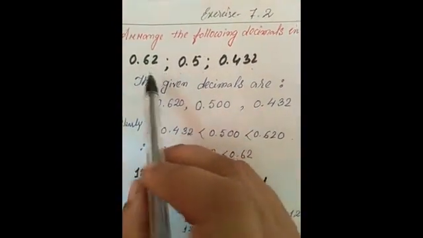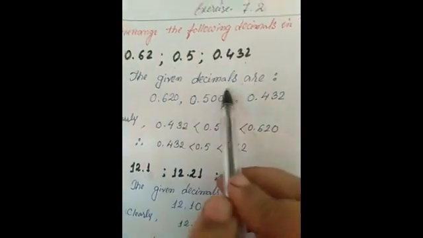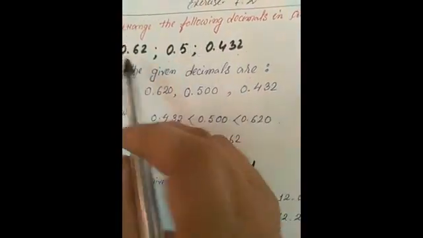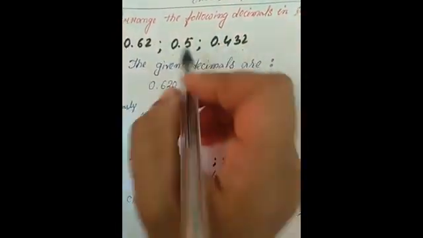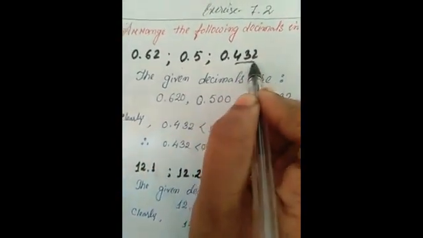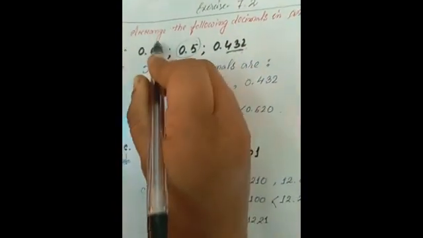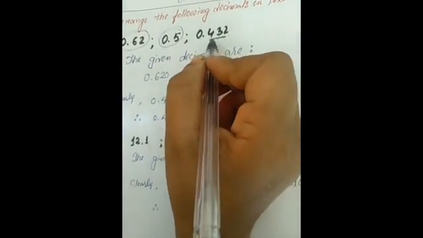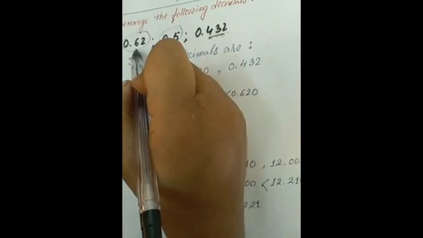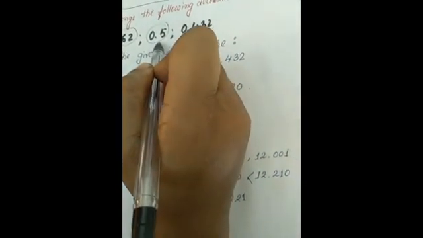The given decimals we can write as 0.62, and remember that the highest number of decimal places is in 0.432. So the other two also we have to convert into 3 decimal places.